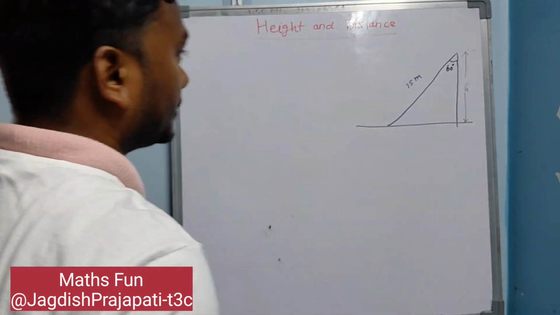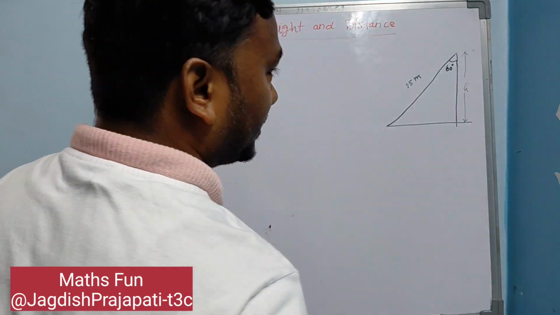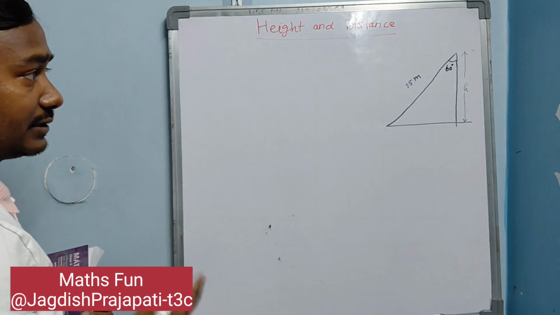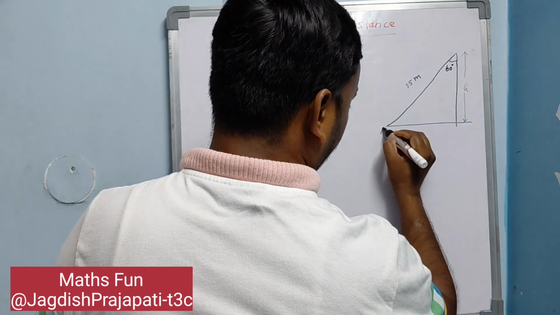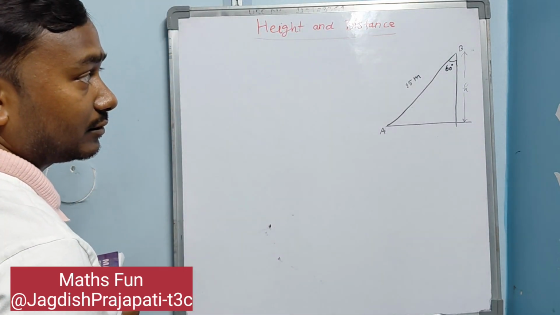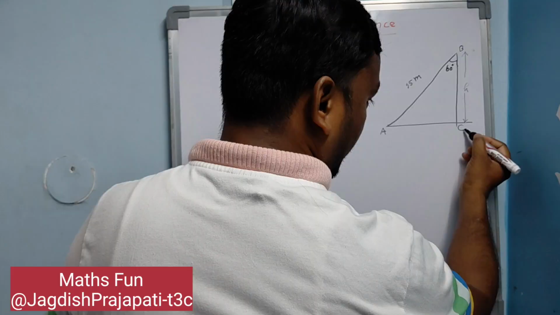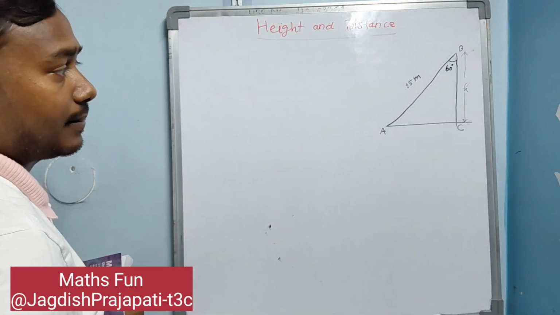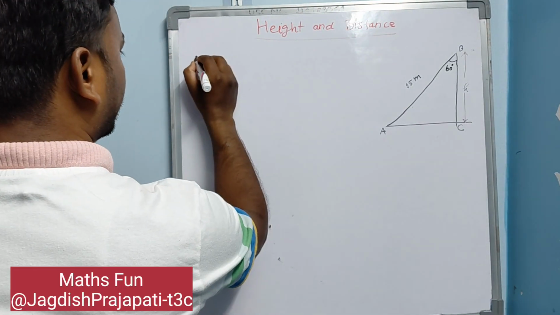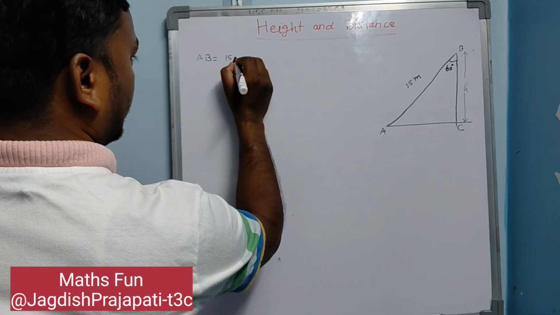So if you want, you can write. I am dictating. So let AB is the ladder, BC is the vertical wall, where AB equal to 15 meter.